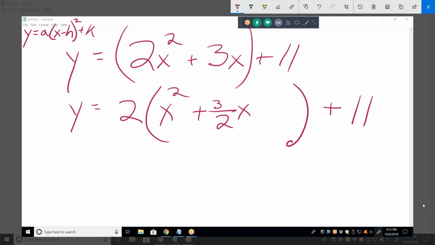To subtract. Take half of the coefficient that's in front of the x term and square it. So what is half of 3 halves? 1/2 times 3 halves.